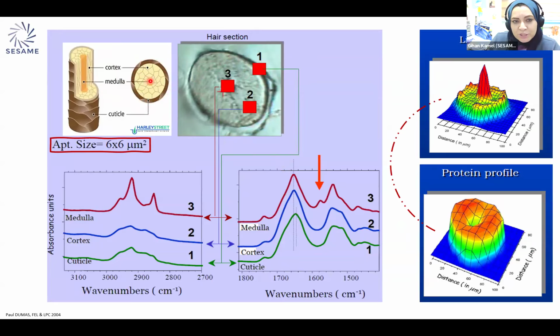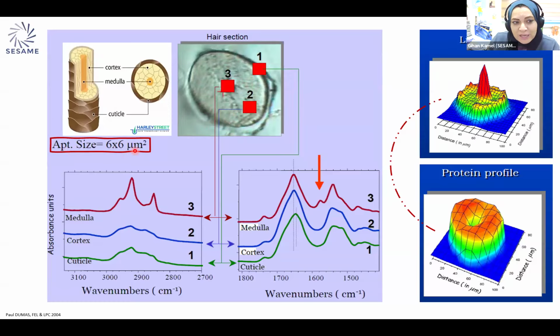It has the medulla, which is in the center, and it has the second layer, which is called the cortex. So for different applications, if you want to monitor the changes or the features of the 3 layers, keep in mind that the dimensions of this cross section of the hair are really small.